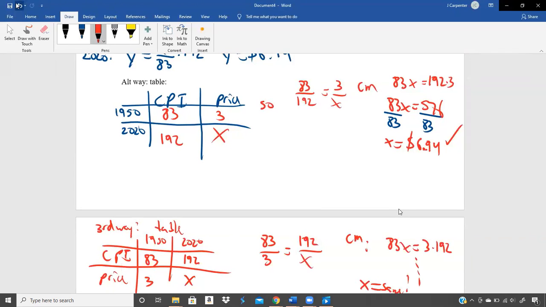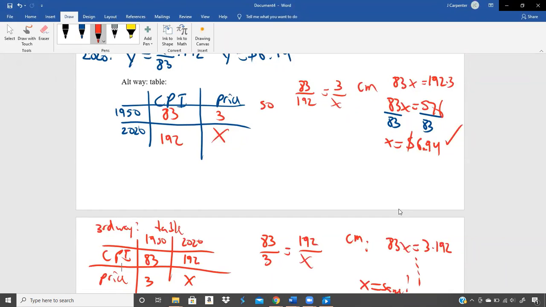Now, depending on how much information we have, if we had a whole boatload of years, you'd probably want to stack the years like the top way. If I had a whole bunch of different goods instead, you might want to do it the red way though. It just depends on what you got.